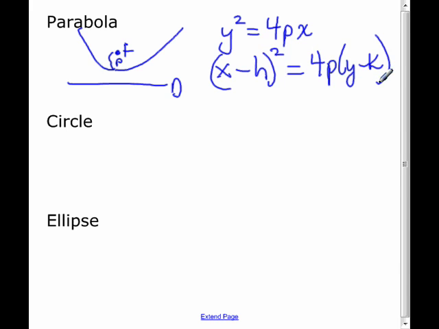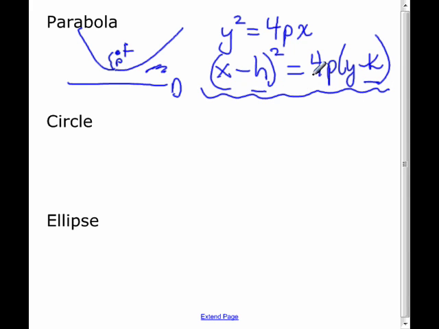And this one would not be on the origin; the vertex would be at the point (h, k). In each case though, there's information that I get about the graph from my equation. And that was what we played with a little bit.